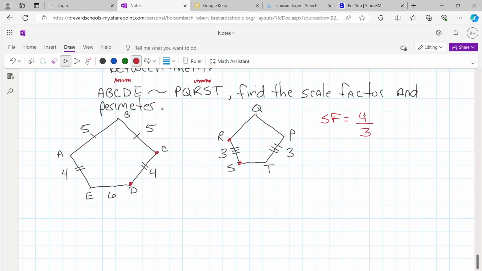So look, our scale factor, shape on the left over shape on the right, is equal to perimeter of the shape on the left over perimeter of the shape on the right. So our perimeter of this shape is equal to, we got 5 and 5 is 10, and 4 is 14, and 6 is 20, and 4 is 24.